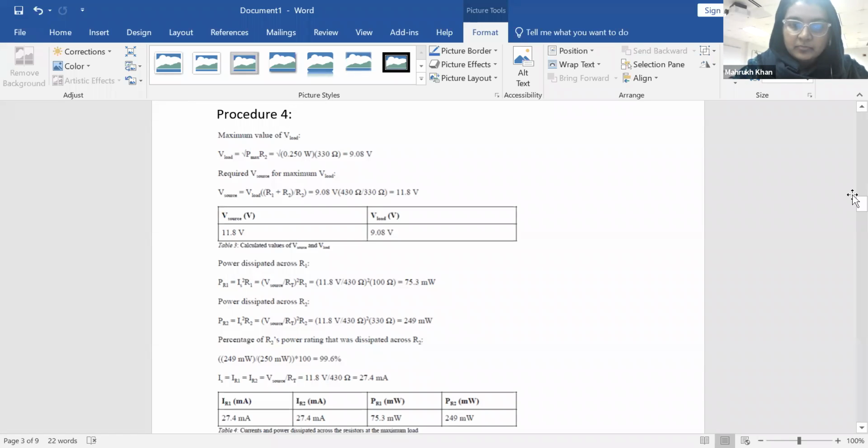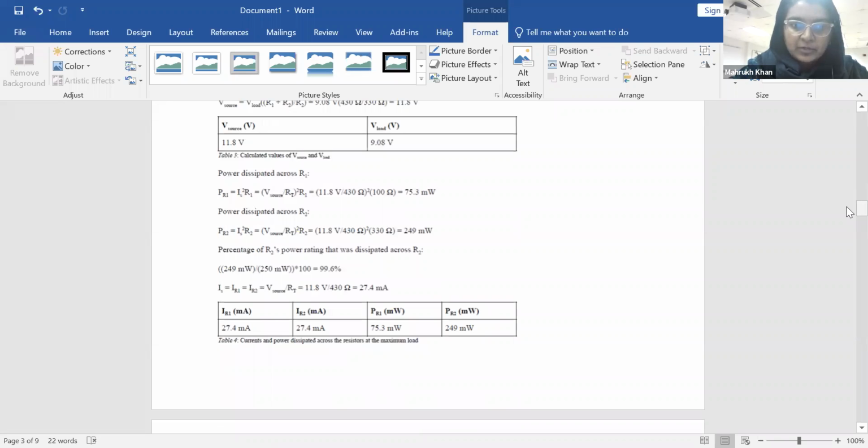Then you needed to find the power dissipation across R1 and across R2, right? As you have applied the voltage that gives the maximum power rating, you were expected to get a value very close to 250 milliwatt, which is its maximum power rating, okay?